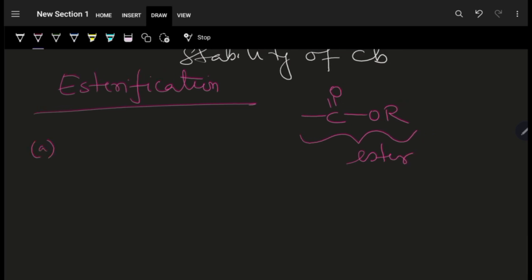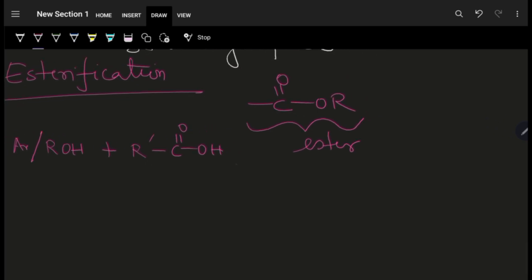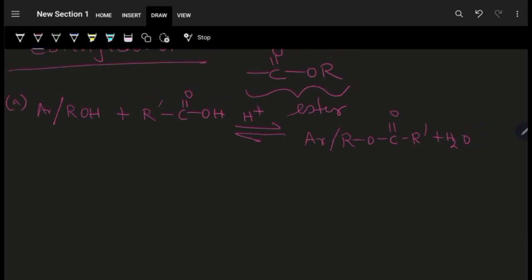First one is ArOH, or I will say ROH, reacts with carboxylic acid, R dash C double bonded O OH, in presence of acid as catalyst to give you ester plus H2O. So it is esterification reaction.